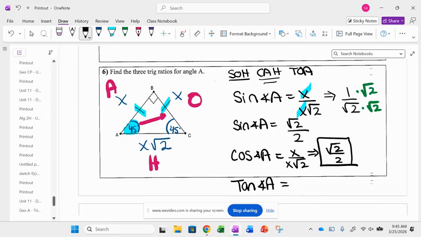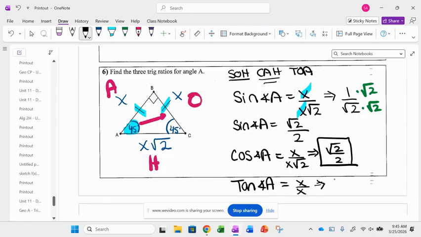Jack C, tell me, what is the tangent of angle A going to be? Be like both of the sides, right? Yeah. Both like x and x. Yep, x over x. And what's x divided by x?